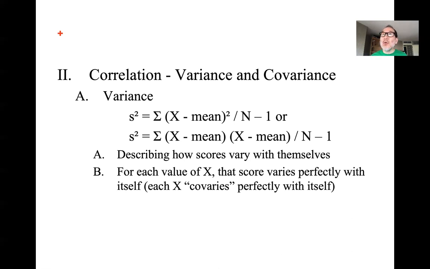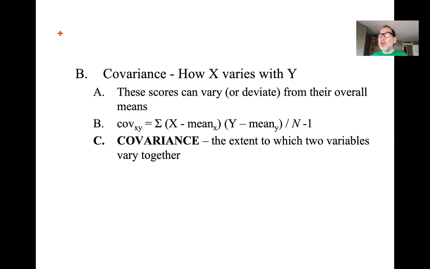But with covariance, we're looking at two different deviations: X minus the mean for all the X scores. So each depression score minus the mean of all the depression scores in that sample, times Y minus the mean for Y, the anxiety score minus the mean of all the anxiety scores for that group. Similarly to the variance formula, divided by n minus 1.